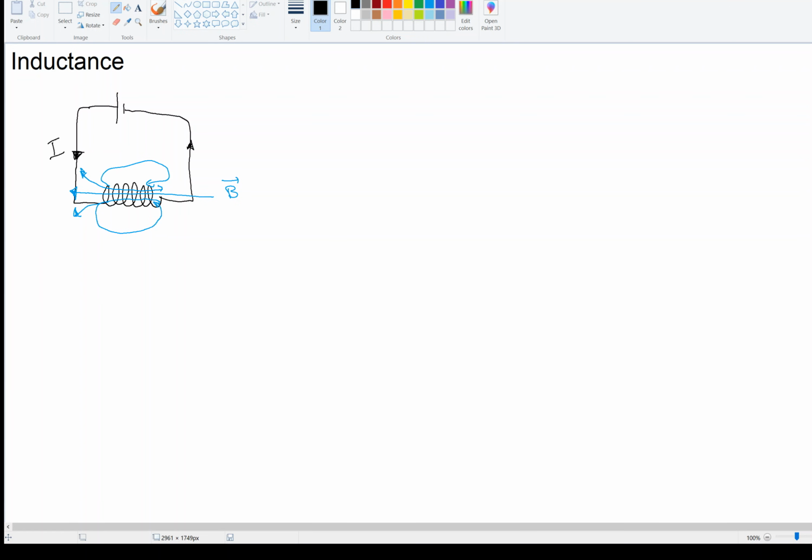So maybe the flux due to one loop is B dot dS. When you have N loops very close together, they all produce about the same magnetic field and the same magnetic flux, so all the fluxes add together.